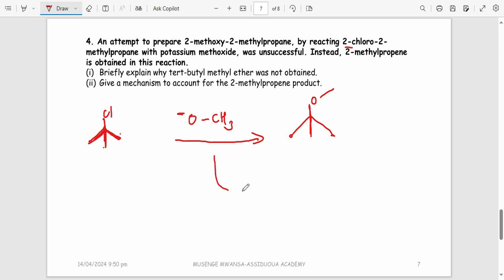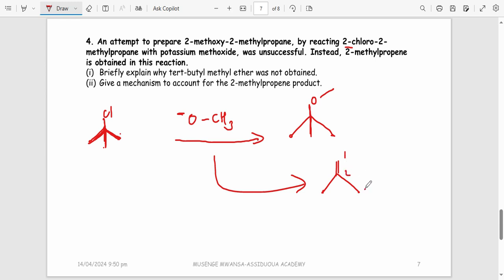Instead, what we ended up getting was 2-methylpropene. 1, 2, 3. It's a propane, remember? You can number it as 1, 2, 3. When you number, you always need to include the double bond in the numbering, so always start from where the double bond is.